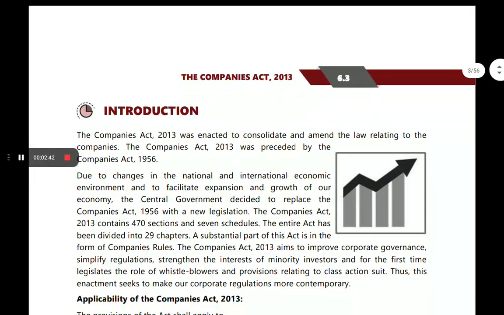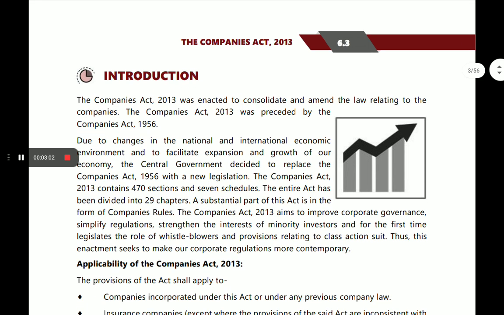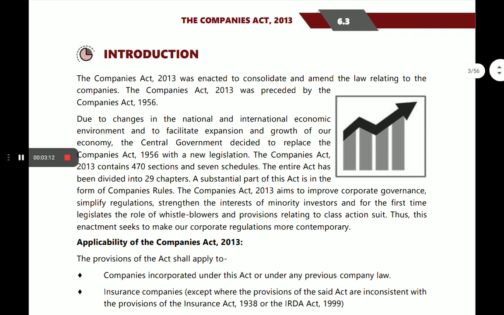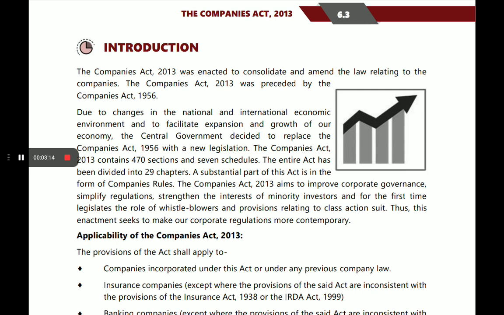Introduction. The Companies Act 2013 was enacted to consolidate and amend the law relating to companies. The Companies Act 2013 replaced the Companies Act 1956 due to changes in the national and international economic environment and to facilitate expansion and growth of our economy.